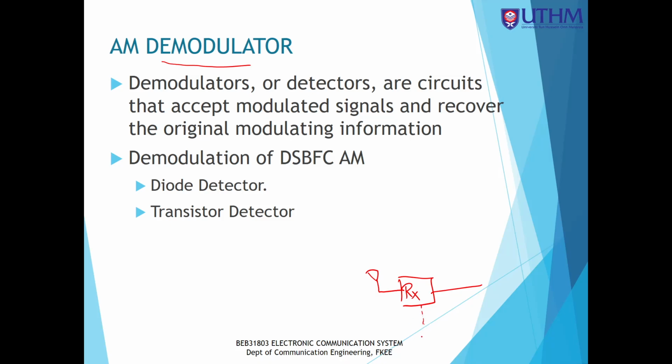Within this receiver there is a demodulator circuit, which does the reverse process of modulation in order to get the original signal at the output. So demodulation is the process of recovering the original signal frequency.